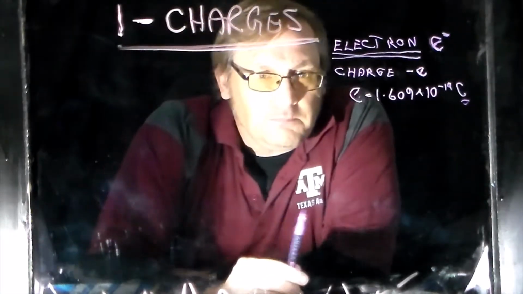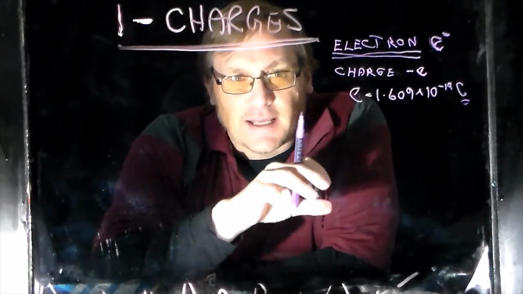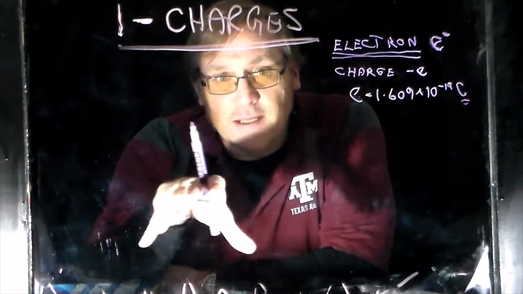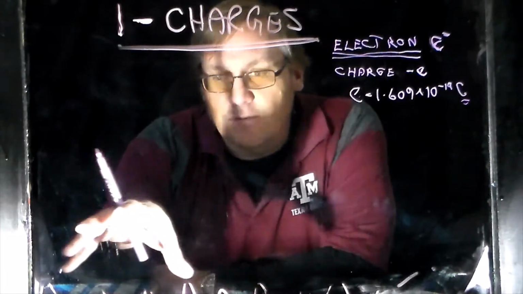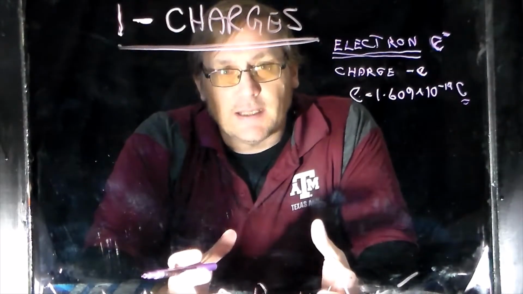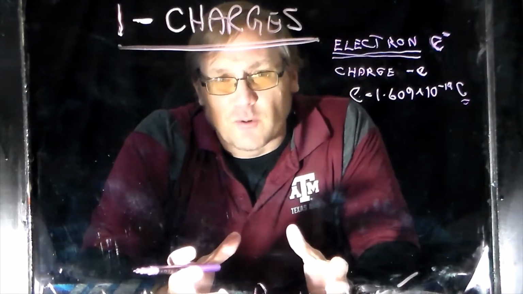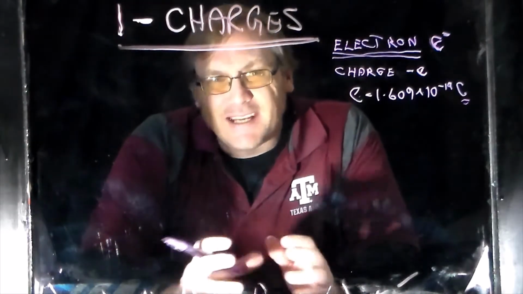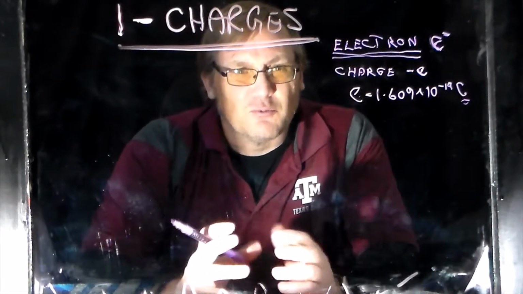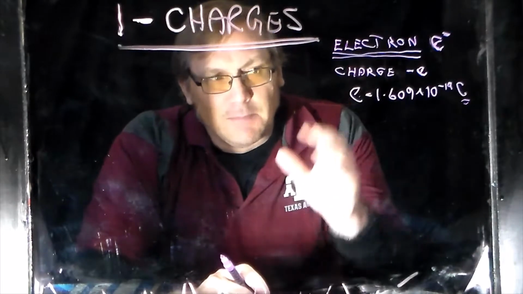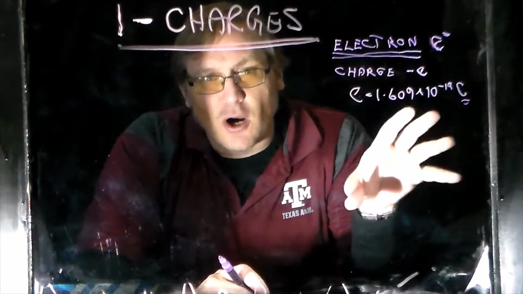Now, at the macroscopic level, charge is not an intrinsic property of the object. If we had a weight, its mass is sort of an intrinsic property. It tells you how many things are there, and it doesn't change. You have to really break something to change its mass in general. For charge, that's not true.